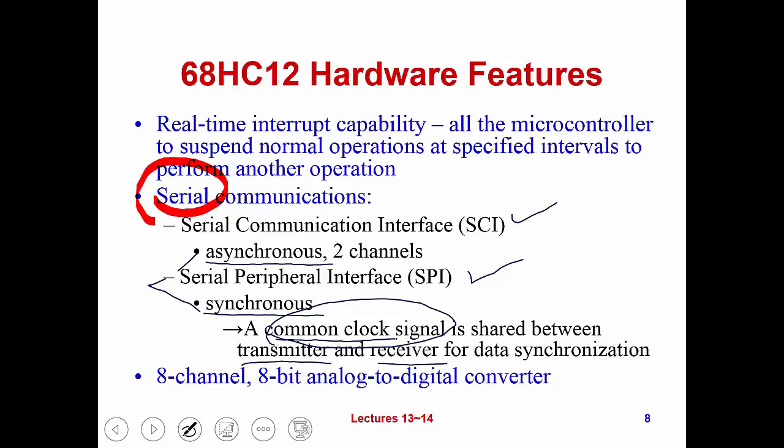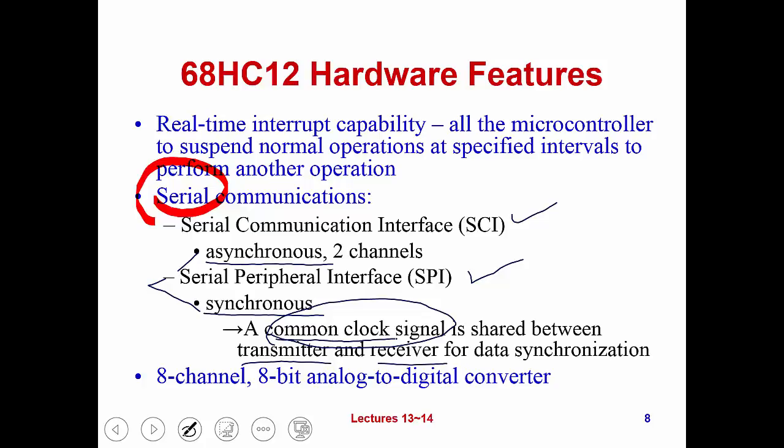Individual data packets already contain information about where the data comes from and what the destination is. So even though they do not share a time clock and are not synchronized, the data synchronization is done by the packet itself.